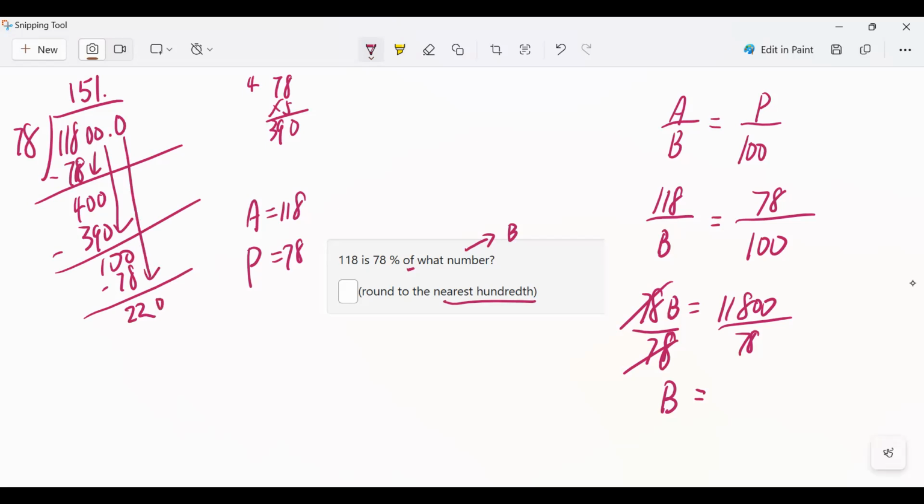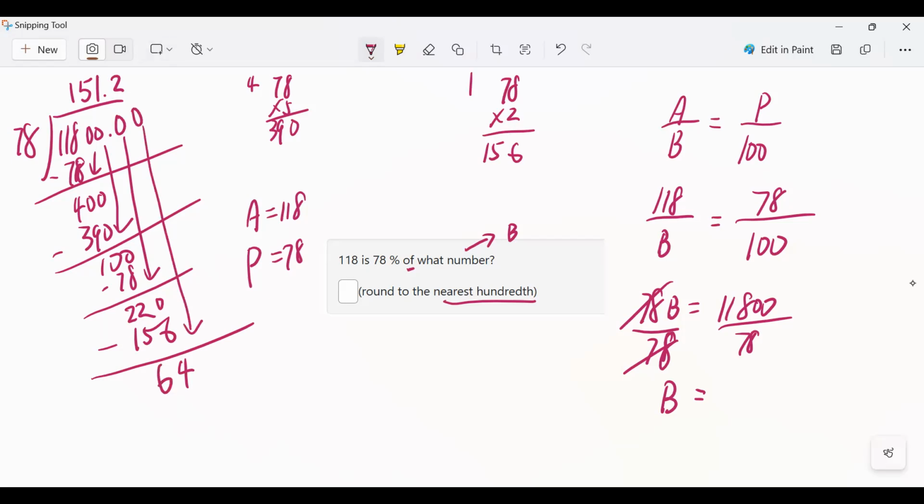And 78 going into 220. It's going to be 2 times. 78 times 2, 156. Subtract, get 64. Add a 0 in the back, and then another 0. 78 going into 640.